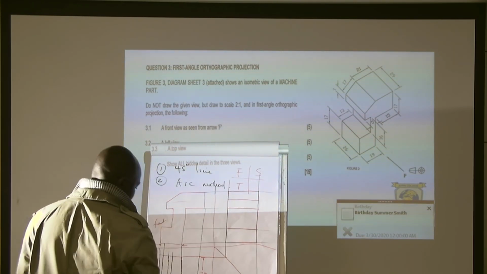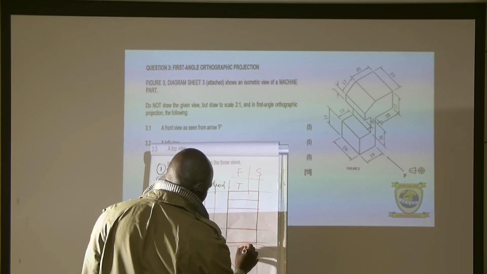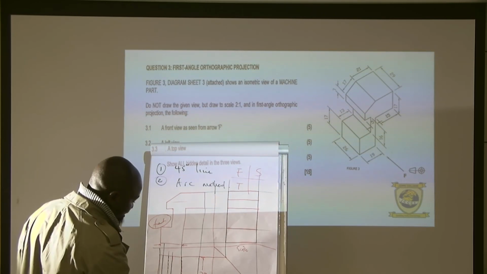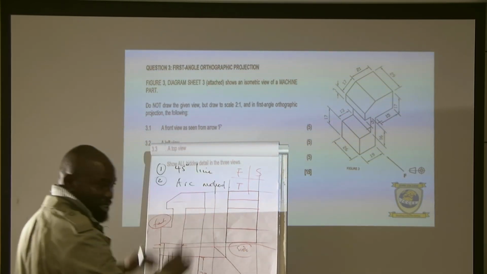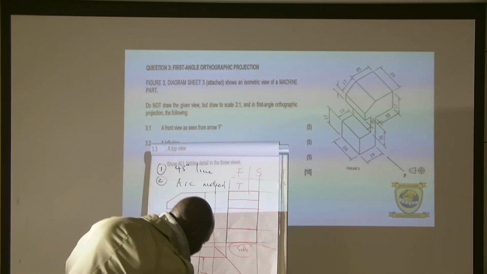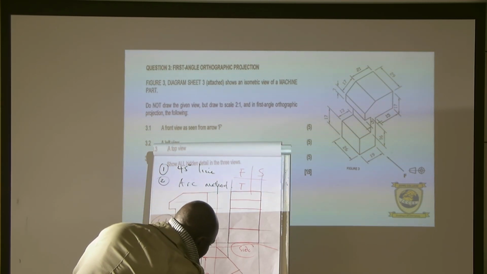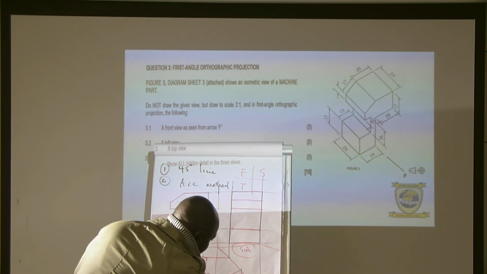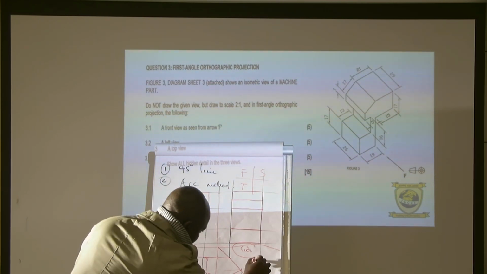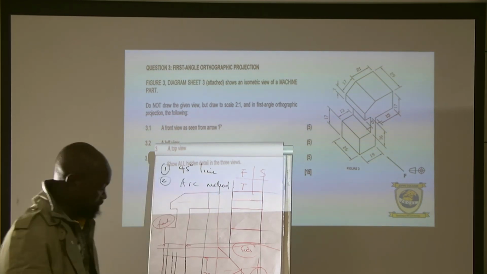So this is our front view, that is our top view, and that is our side view. It's not necessary for you to again write top, side, or front, as long as you have indicated that these are given in first angle orthographic projection.